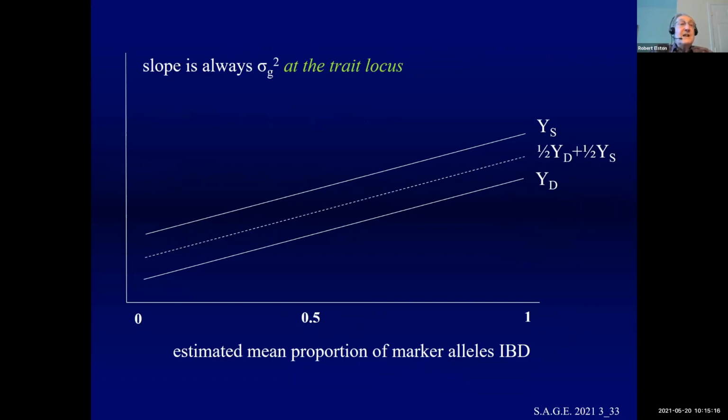You can see that in this graph, the slope is always sigma squared G. And you can see, along the x-axis, the estimated mean proportion of marker alleles identical by descent. What you need to really appreciate though is that YD doesn't depend on the mean, whereas the other two do depend on the means for the traits X1 and X2.